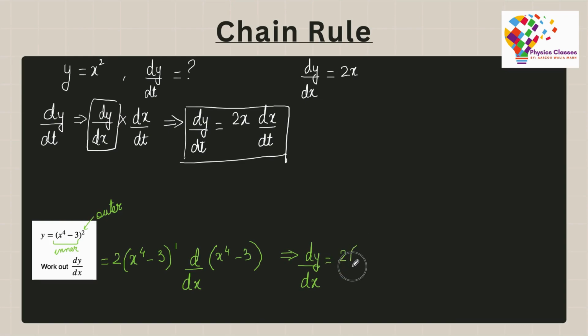That's how you can use chain rule when you're working from outer functions to inner functions, or when you have multiple functions involved, or when you are trying to find out the derivative of a quantity with respect to something but they do not have a direct relationship between them, then you use the chain rule.